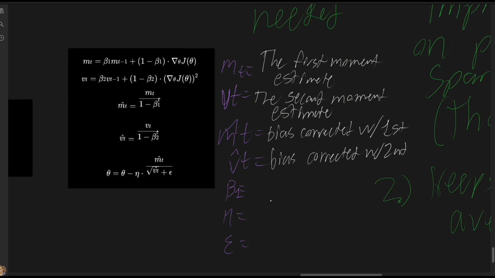Beta 1 and beta 2 are exponential decay rates for moment estimates.